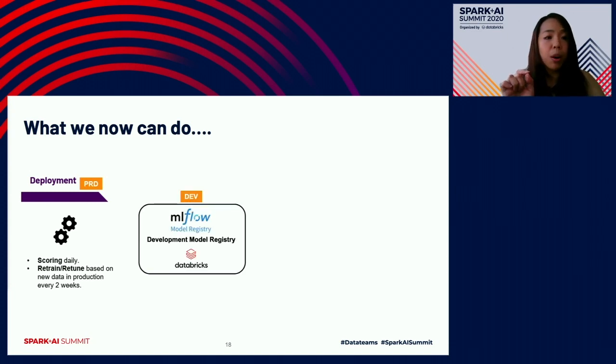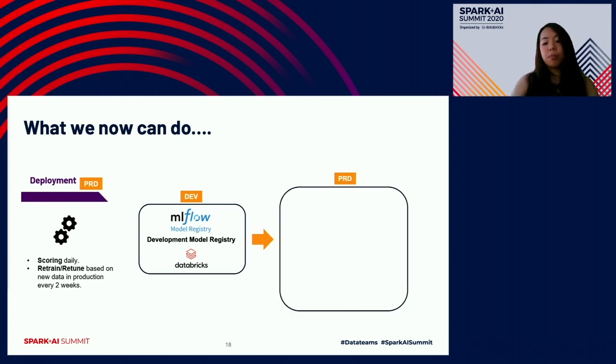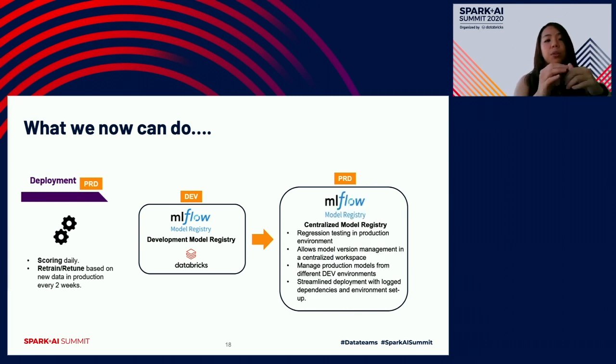And what we now can do is that we register our model into the development model registry, and then in production, and then we can move all the artifacts that are needed to deploy the model from the development environment into the production environment by registering the model and copying all the artifacts into our centralized model registry on our production environment.